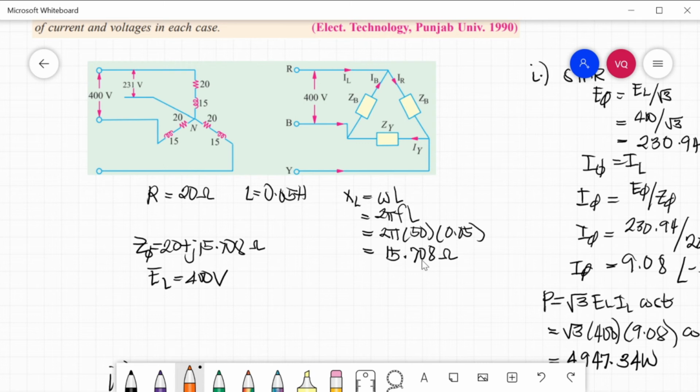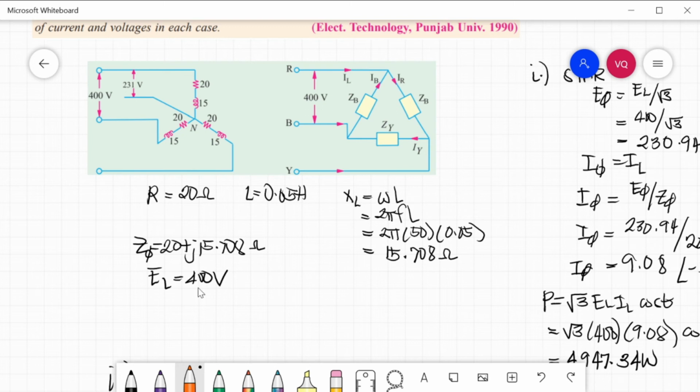So our per phase impedance will be 20 plus j15.708 ohms. All the 3 wires have a per phase impedance of 20 plus j15.708 ohms, and our line-to-line voltage is 400 volts.